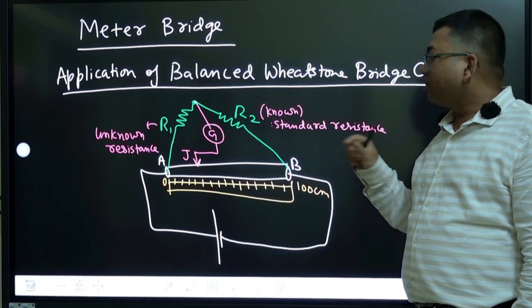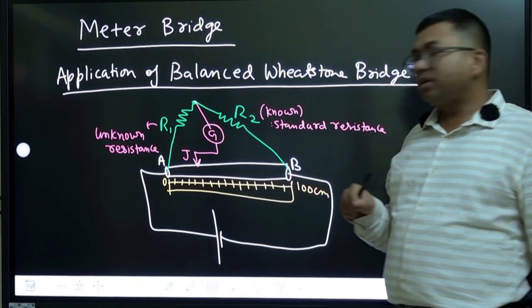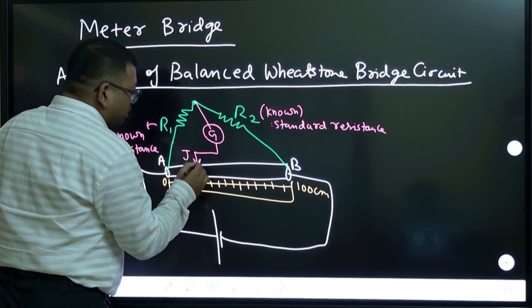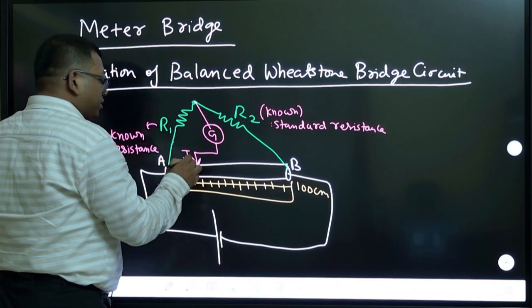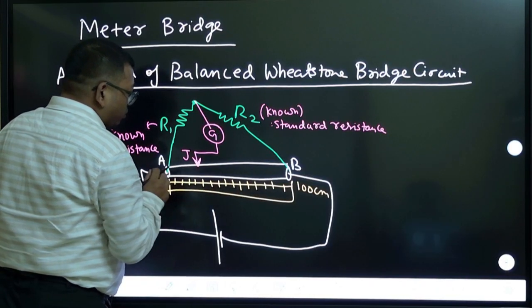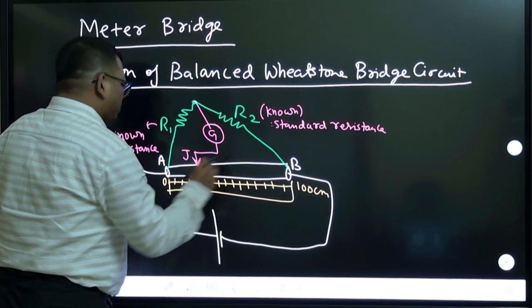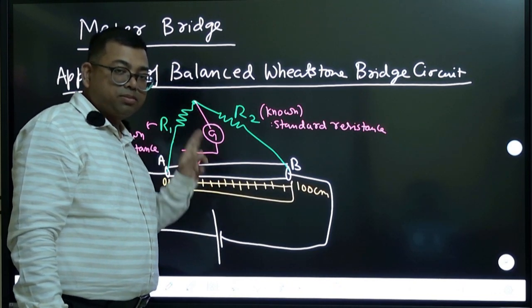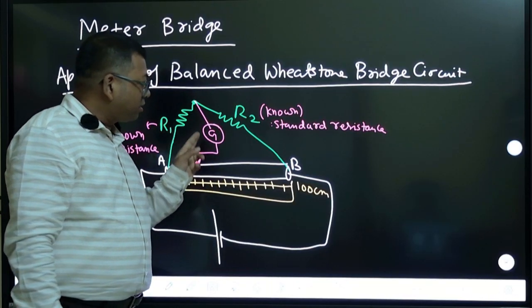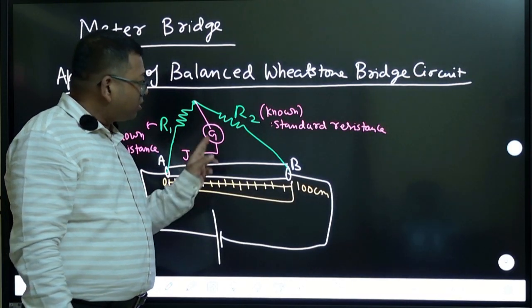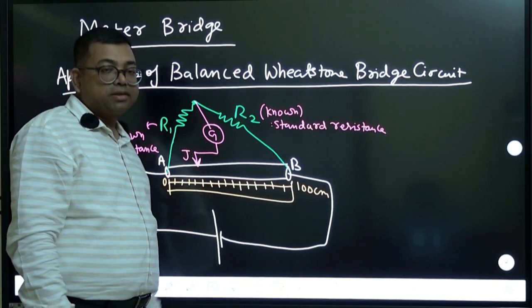So what you need to know is that this galvanometer is connected with this end, which is the pointer, and this is called the jockey. It can move over this wire. So as you move over this wire, there will be some current in the galvanometer branch, the middle branch. If there is a deflection, that means some current is passing through it. But if there is no deflection, it means there is no current passing through it.